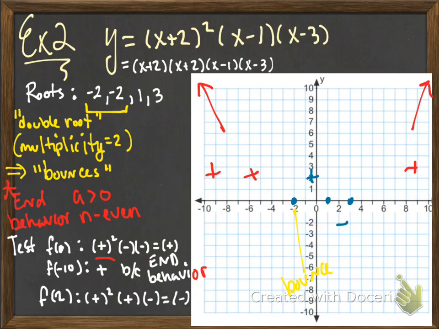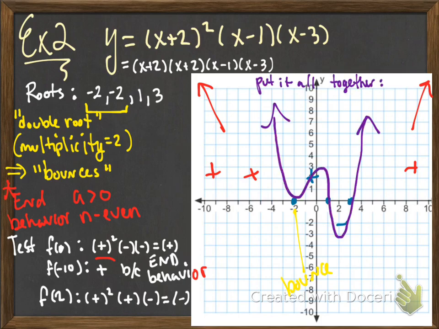Multiplying that all out, I get a negative result, so I know I'm below the graph here. All right, so knowing I'm above, bouncing, staying above, then below, then above, tells me my graph is going to have to look like this. When we put it all together, basically that is how the graph looks.